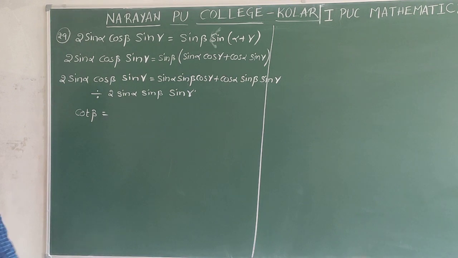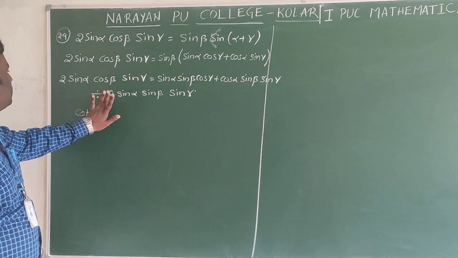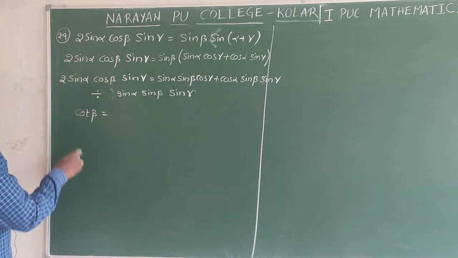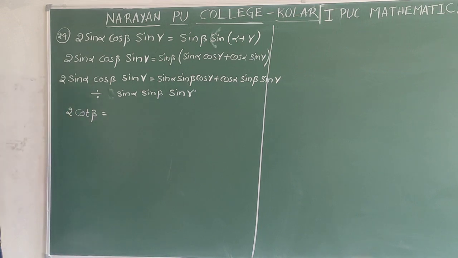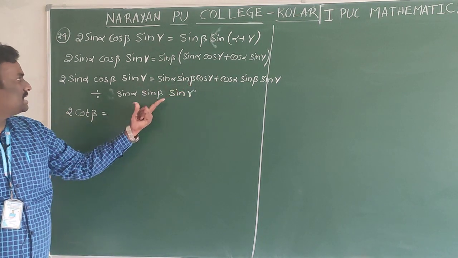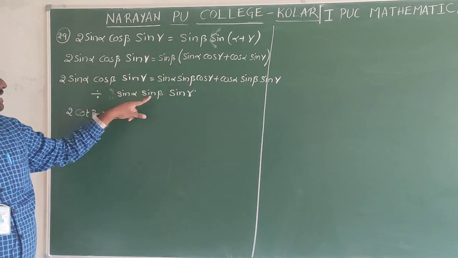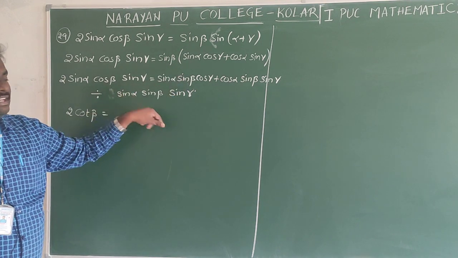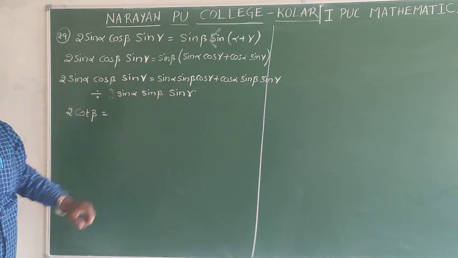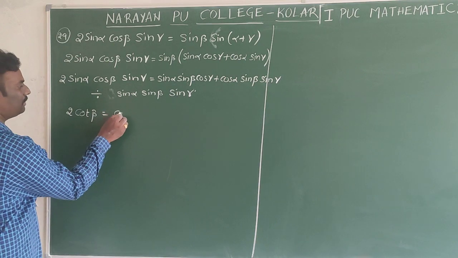Now here, okay, 2 is not required, 2 keep, okay. Now here, if you divide this by this, sin alpha cancel, sin beta cancel, cos gamma by sin gamma, that is nothing but cot gamma.